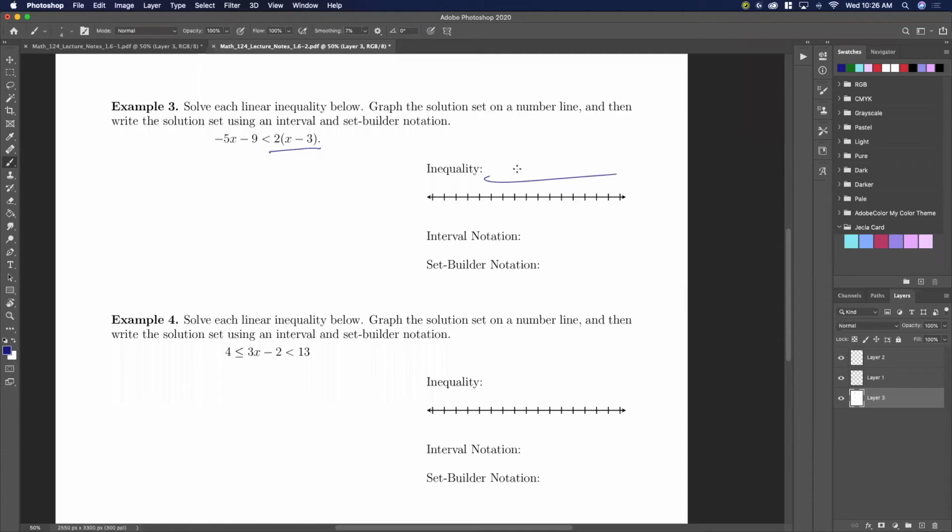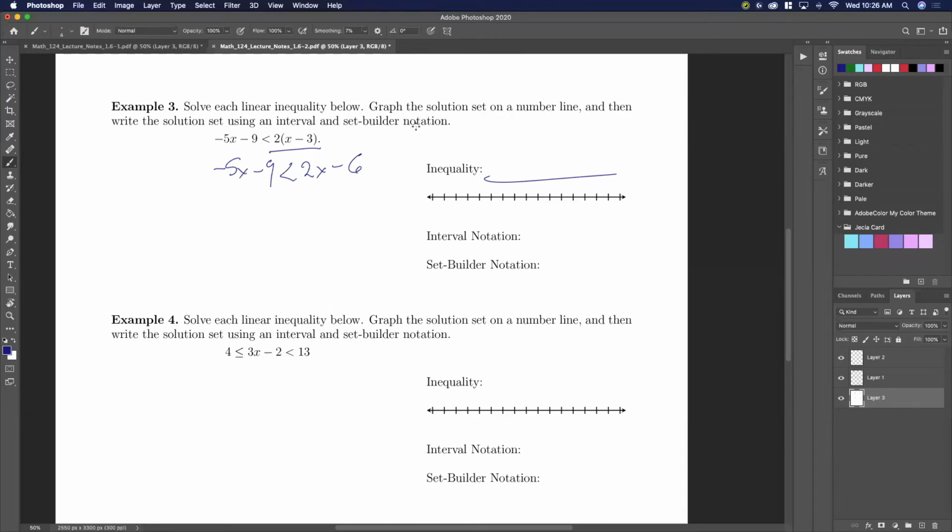All right, so I have what looks to be basically the same answer. So let's go through it. The first thing we want to do here is distribute the 2. So we're going to have negative 5x minus 9 less than 2x minus 6. You have 2 options at this point.